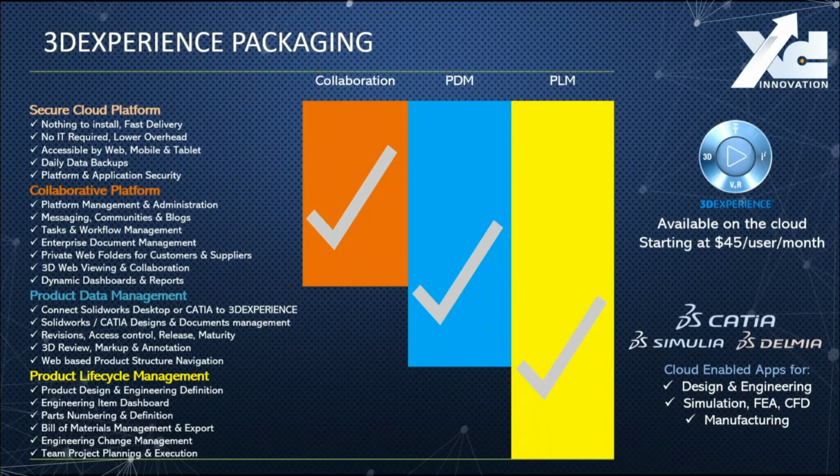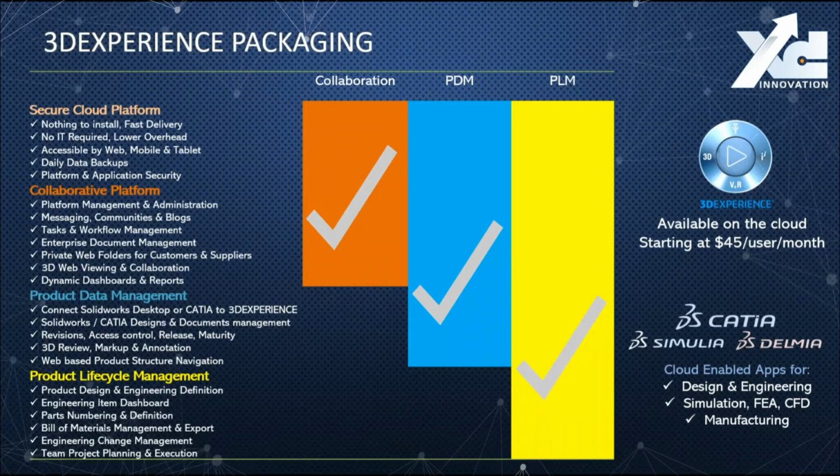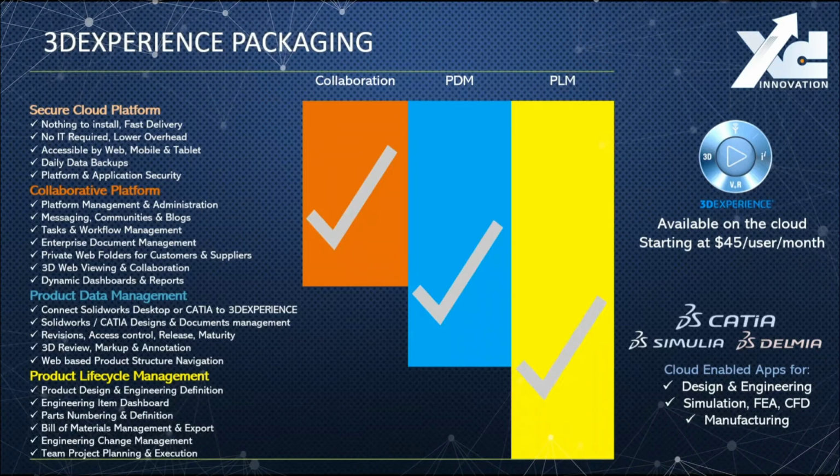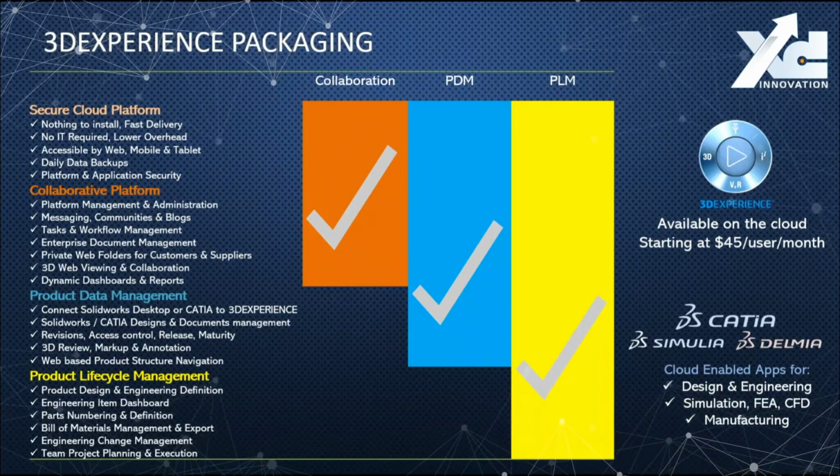You could also add Abaqus type technology on the cloud for FEA and CFD. And finally, you could add some manufacturing planning or CNC machining if you so wish. So again, these are just the overall packages that you could have with the 3D Experience platform.